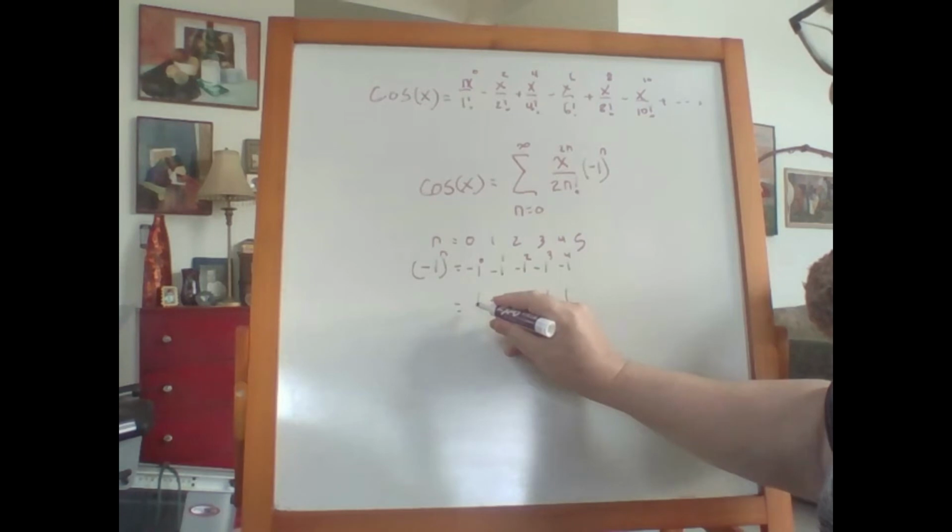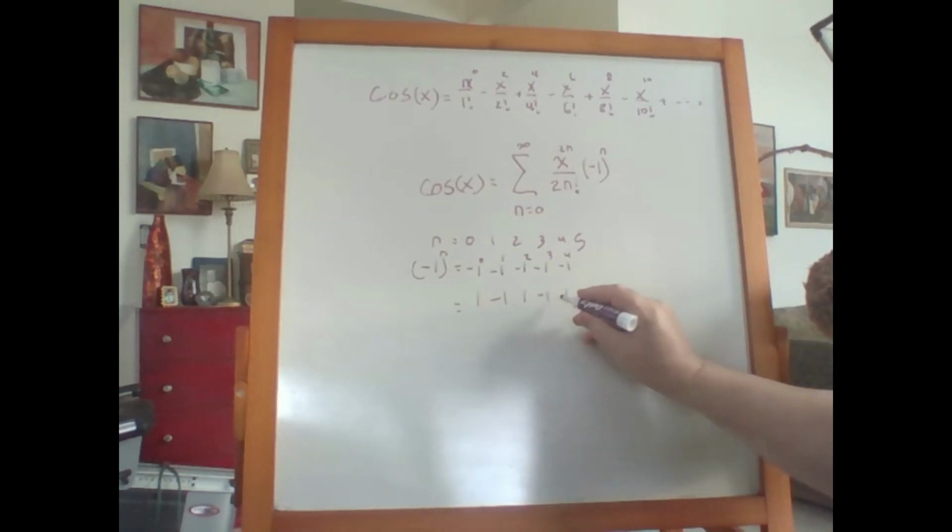So we got our alternating positive, negative, positive, negative, positive.